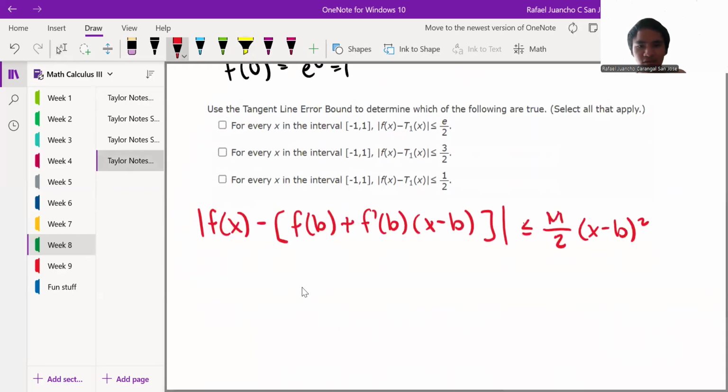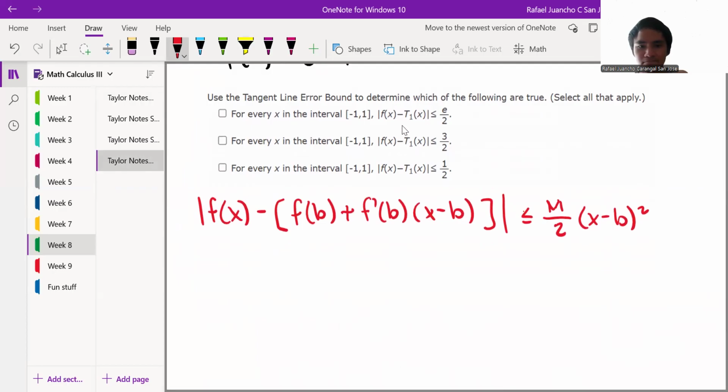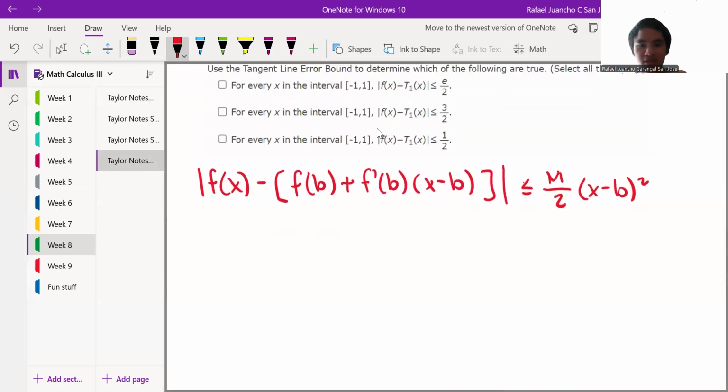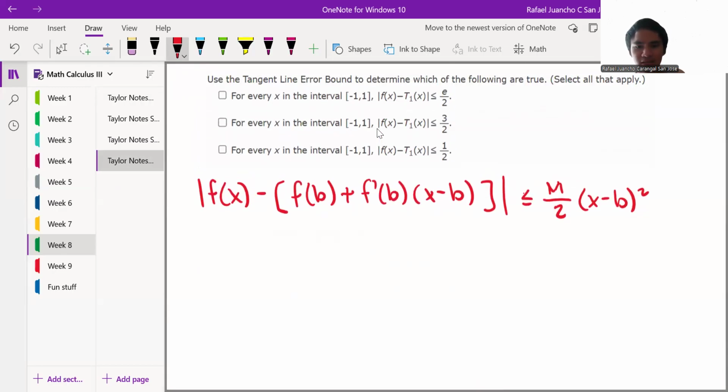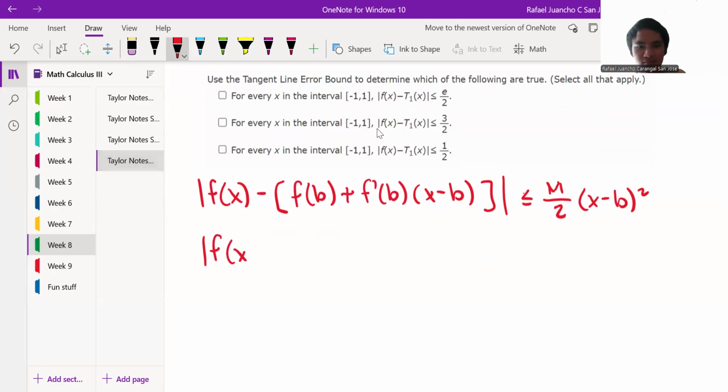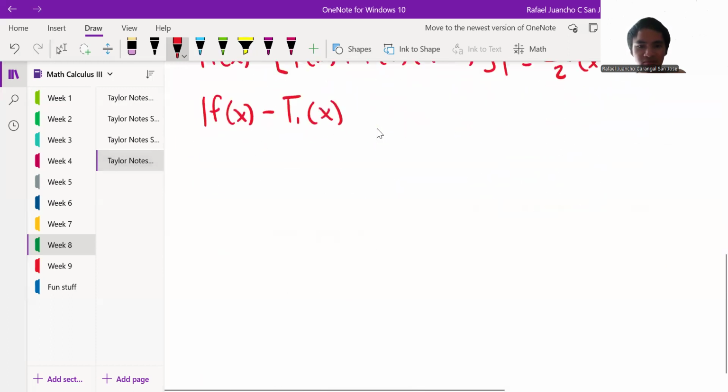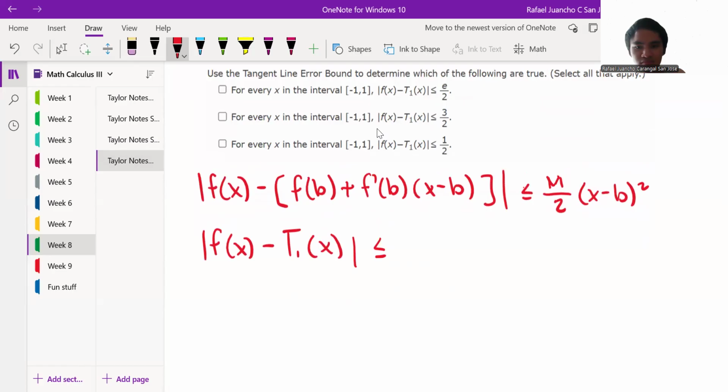Okay, so let's actually plug it in. This thing here is the same as my first Taylor polynomial. So I could say that, because this one's just equal to that.